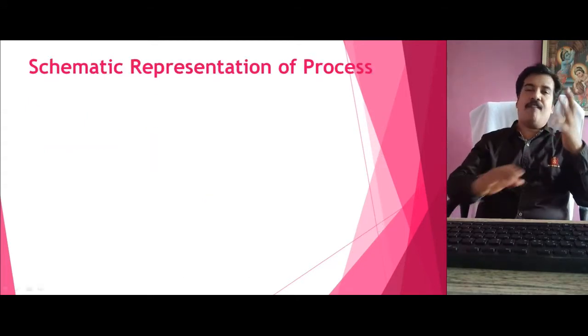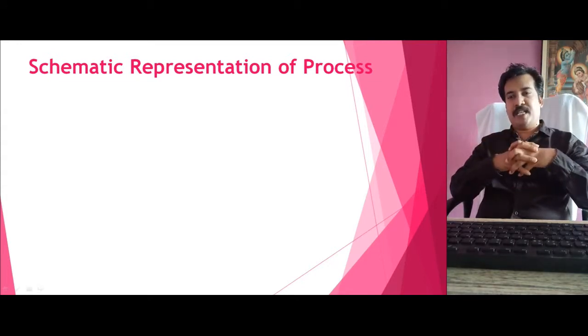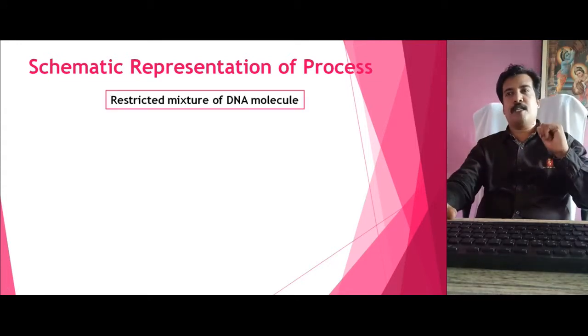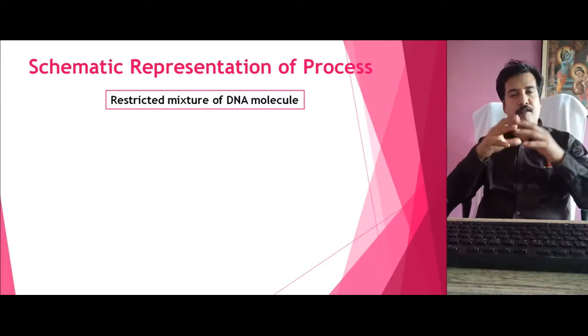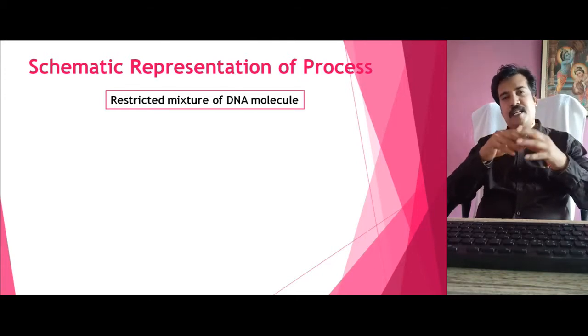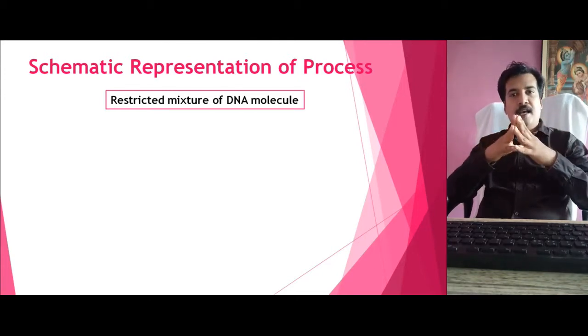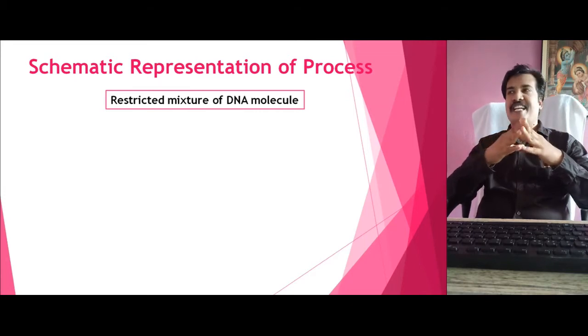I have explained with a schematic representation how this southern blotting process happens. The first thing we need, after isolation of the DNA, is a restriction mixture. That means the DNA has been cut with a restriction endonuclease enzyme, and then we get a mixture of various fragments of the DNA strand.